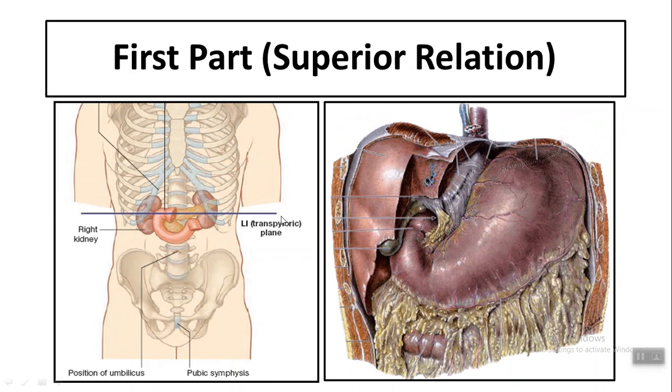What is its superior relation? This is the first part of the duodenum that lies at the transpyloric plane. Its superior relation is the entrance into the lesser sac, or what we call the epiploic foramen. The epiploic foramen is the superior relation of the first part of the duodenum.